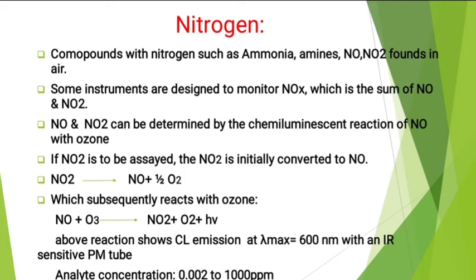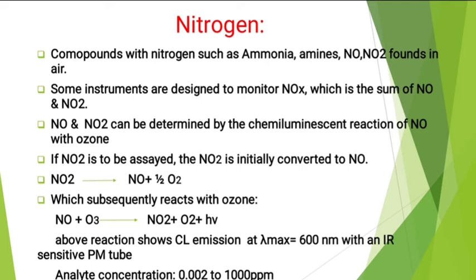Some instruments are designed to monitor NOx, which is the sum of nitrogen monoxide and nitrogen dioxide. Means NOx is the sum of NO and NO2. And NO and NO2 can be determined by the chemiluminescent reaction of NO with ozone.